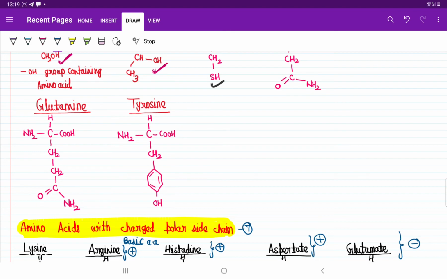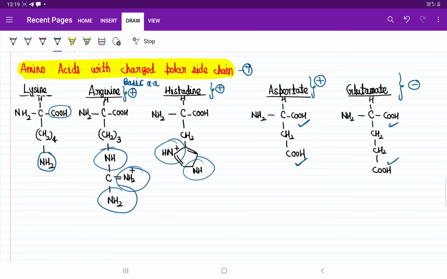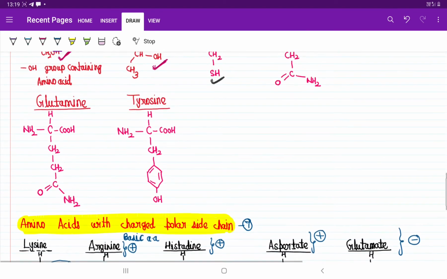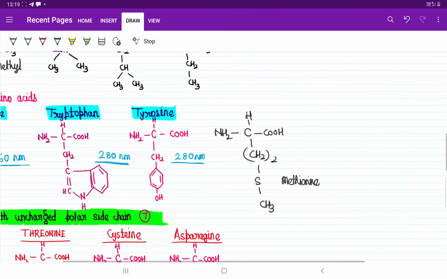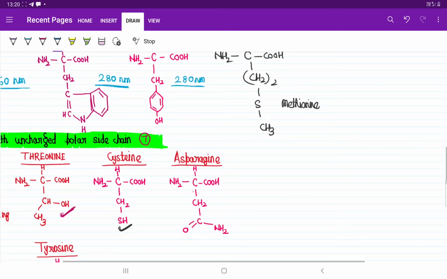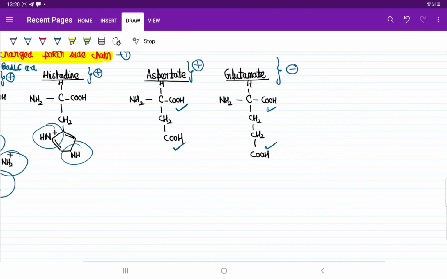Arginine, lysine and histidine have an extra amino group, more than one amino group present. Sulfur containing amino acids are what, students? Cysteine and methionine are sulfur containing amino acids, right? And then we saw two amino acids which have an extra carboxylic acid group: aspartate and glutamate.